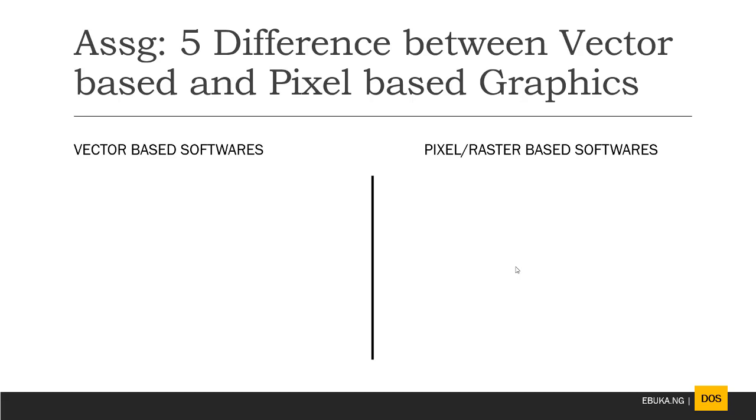Okay, good. So now like I already said, when you have your Photoshop, you want to work on an image that you would have to print on a very large canvas. Say you want to print on a billboard, you want to print on the body of a truck or BRT, you have to ensure you increase the resolution of that image.